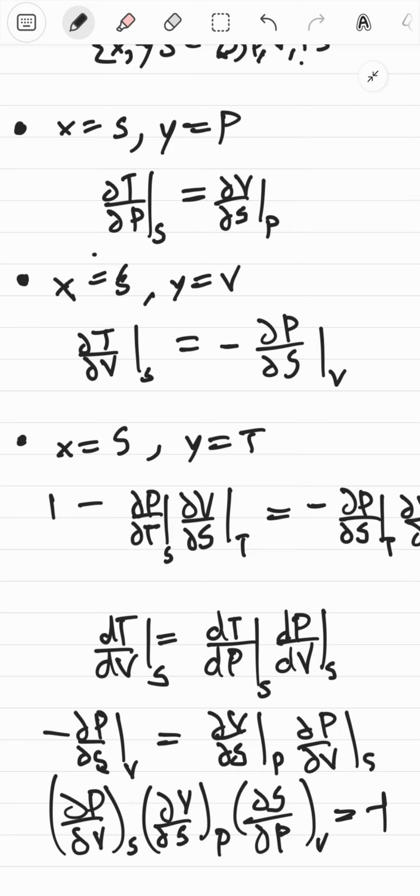And this is sometimes called, what is it called? It's like the circle rule or something. But yeah, that's the way it is done, right? So using the chain rule and then using one of these relations.